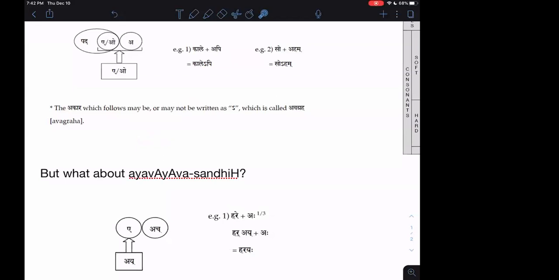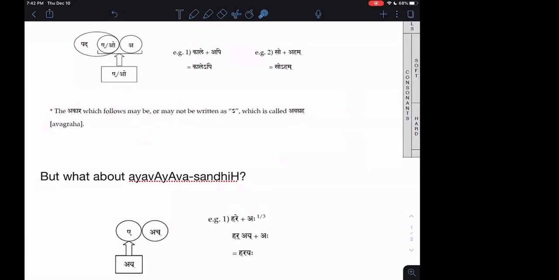So let me say that again. Okay. In order for purvarupa-sandhiḥ, I need A or O to be at the end of a pada, meaning it should be at the end of the word. And in this, akara is the end of the word. It's the suffix that is being added. And A is in the middle of the word.